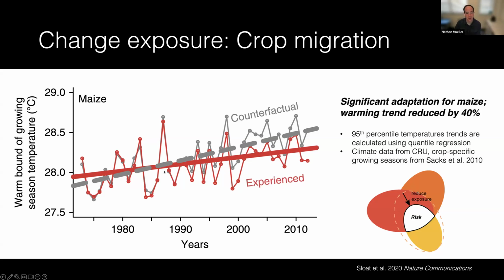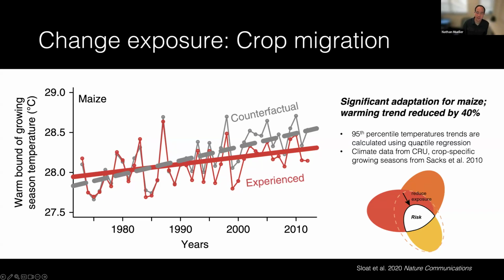So basically this gray line shows the trend that we would have seen if crops had stayed fixed in their circa 1970s locations. And then the red line shows what was actually experienced. So basically for maize, we saw that warming trend and that upper bound of growing season temperatures was reduced by, I think, around 40%.